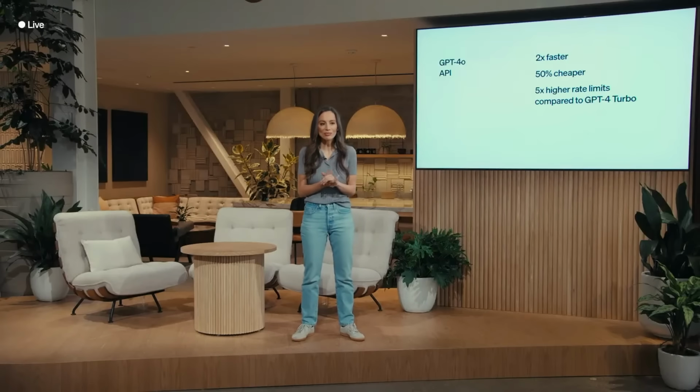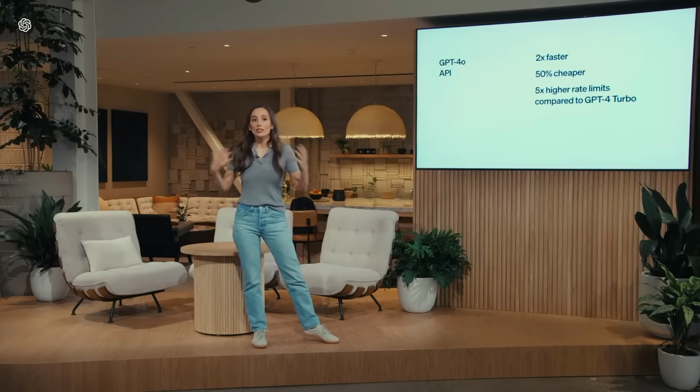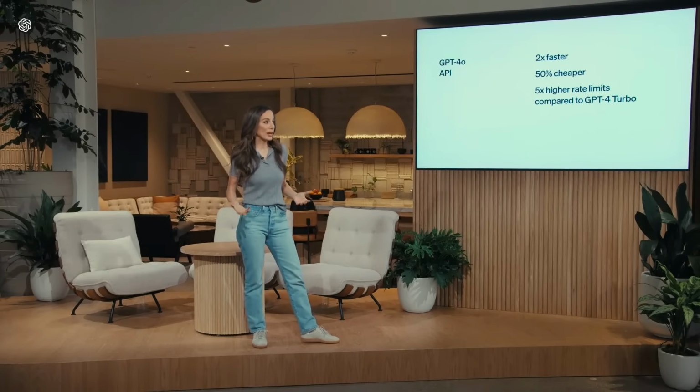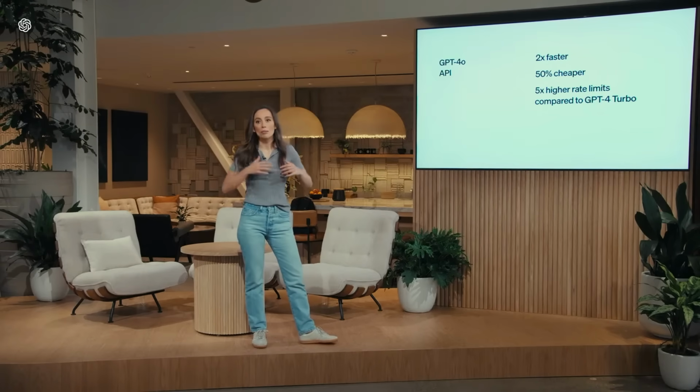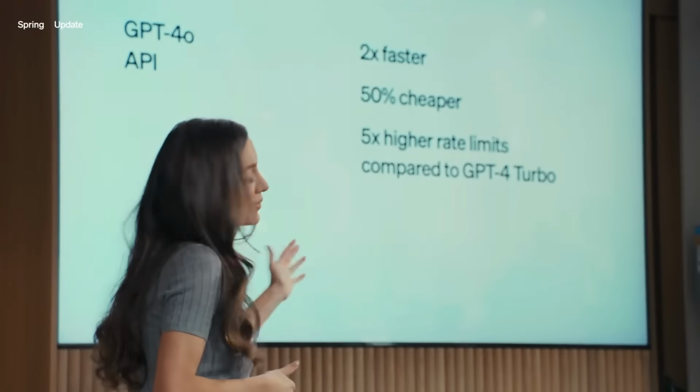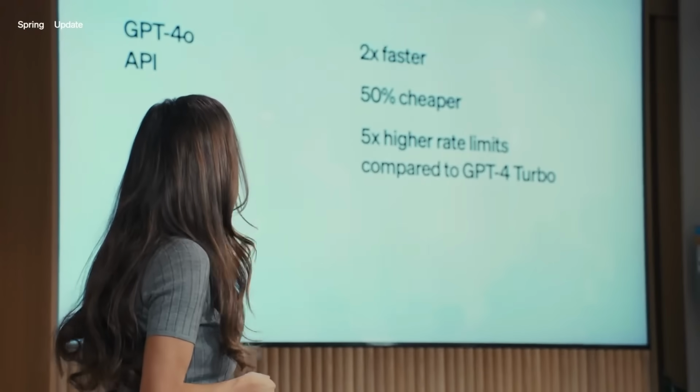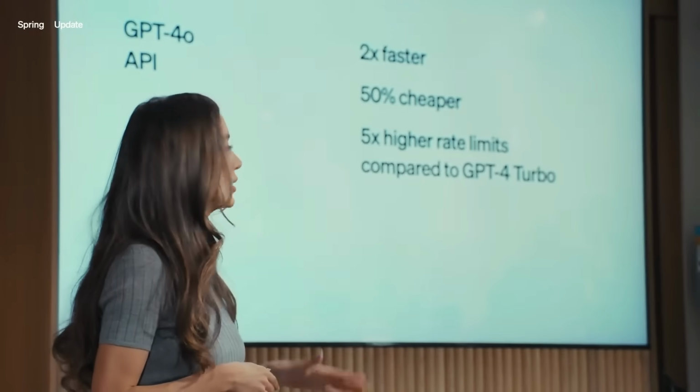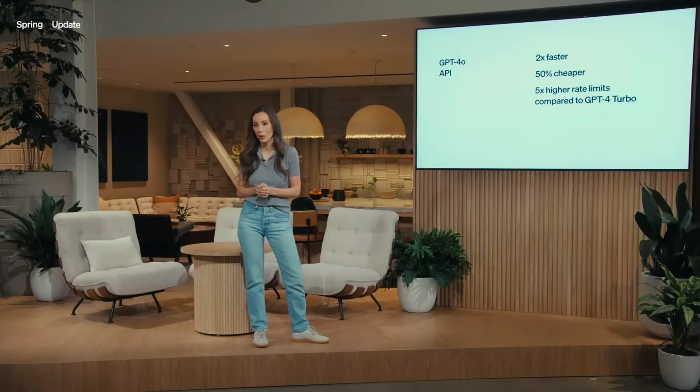But GPT-4o is not only available in ChatGPT, we're also bringing it to the API. So our developers can start building today with GPT-4o and making amazing AI applications, deploying them at scale. 4o is available at 2x faster, 50% cheaper, and 5 times higher rate limits compared to GPT-4 Turbo.